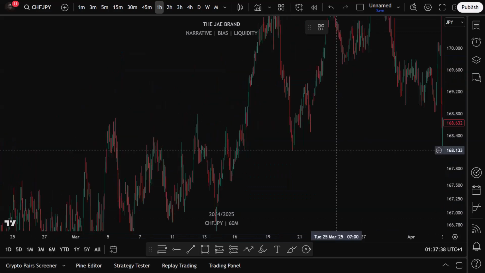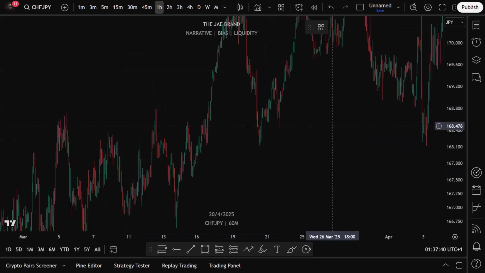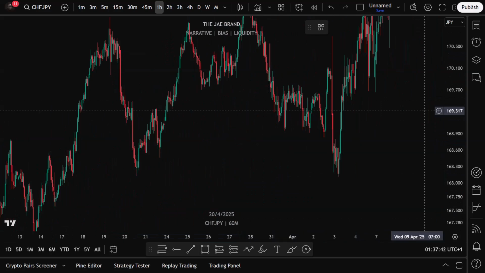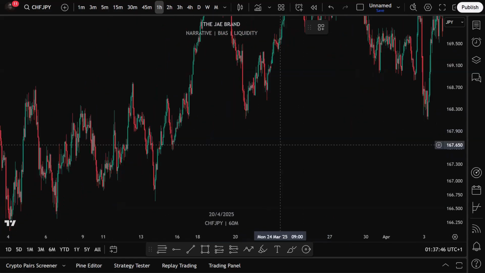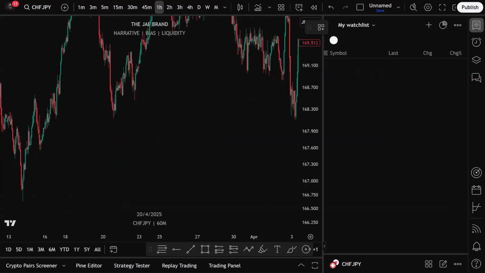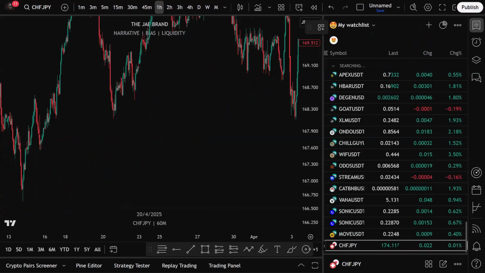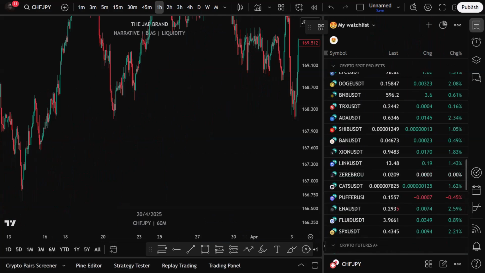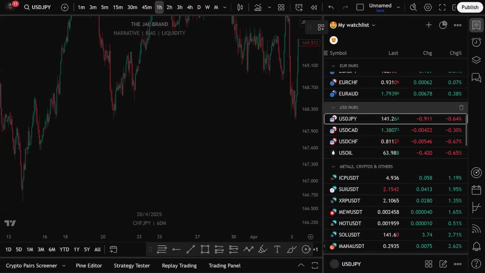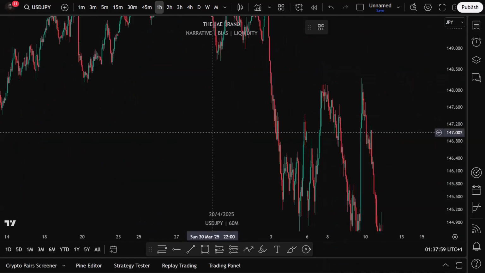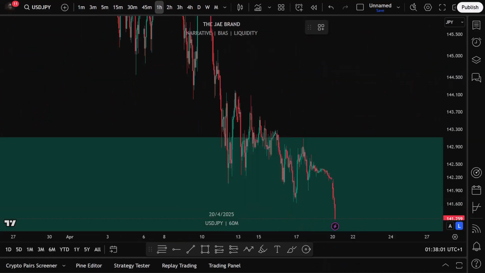Let's look at another example before I end the video. Now I think I have something on. Let me look for a sell model. This is very simple. USD JPY.